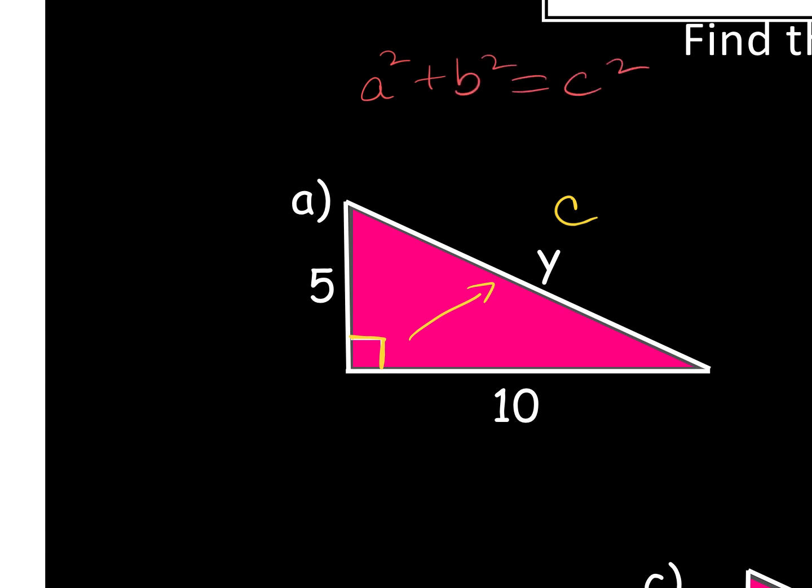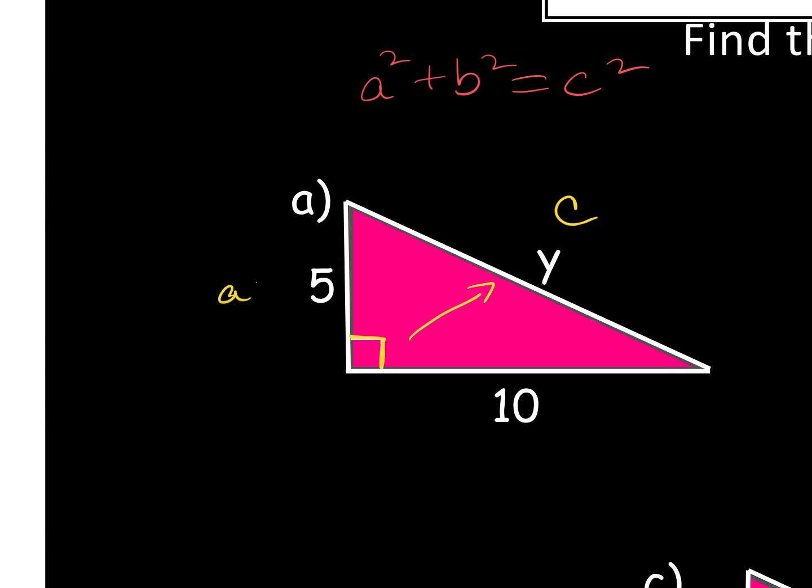Now, when you get these problems in the Big Ideas book or on a standardized test, they're not going to label the sides with a, b, and c. They're going to use different variables for the unknown. The main thing you need to remember is the side across from the right angle is always c, and it doesn't matter for the other two.